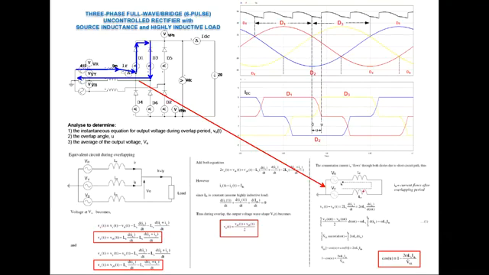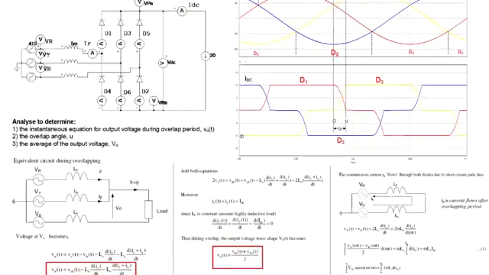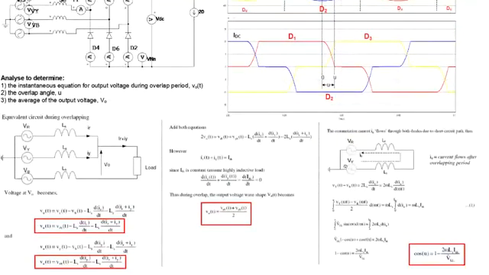And now in this analysis, you need to set an IU current, the current that flows during that overlap. So we assign IU, and the direction of IU must follow the current that flows after the overlapping period.